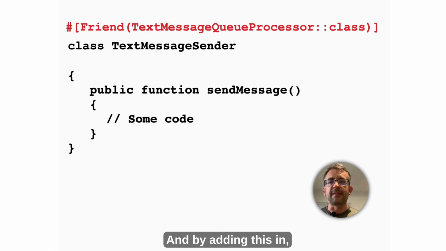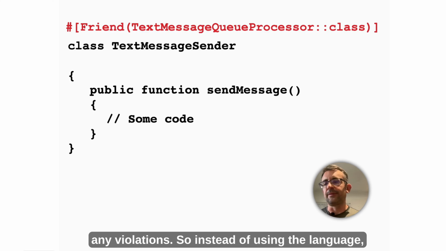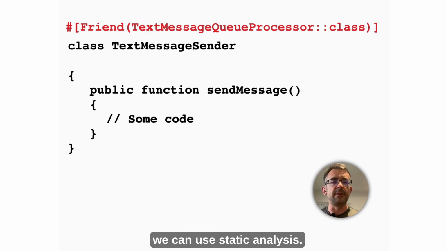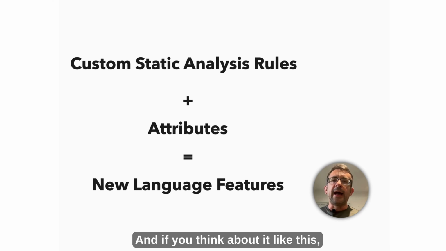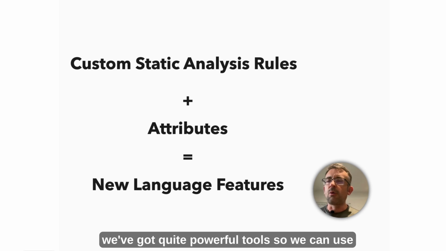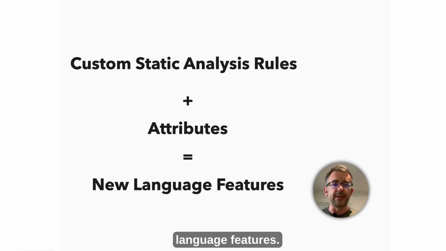By adding this in, it will be used by static analysis to tell us if we are making any violations. So instead of using the language, we can use static analysis. If you think about it like this, we've got quite powerful tools. We can use custom static analysis rules along with attributes, and we can create new language features.